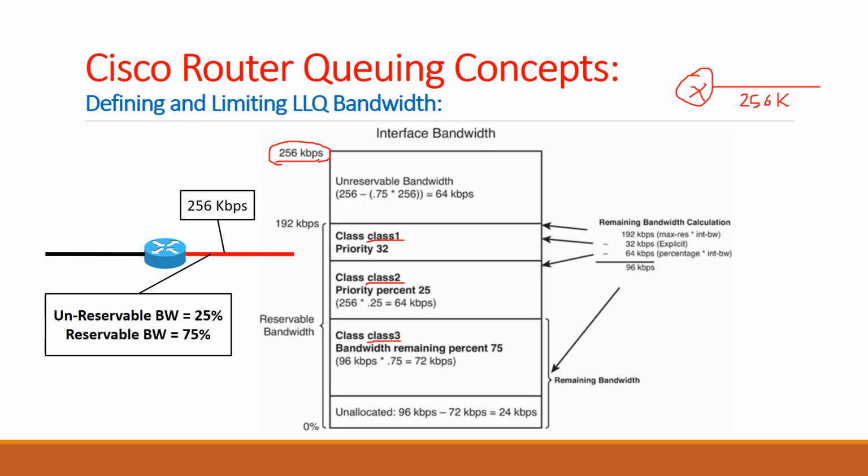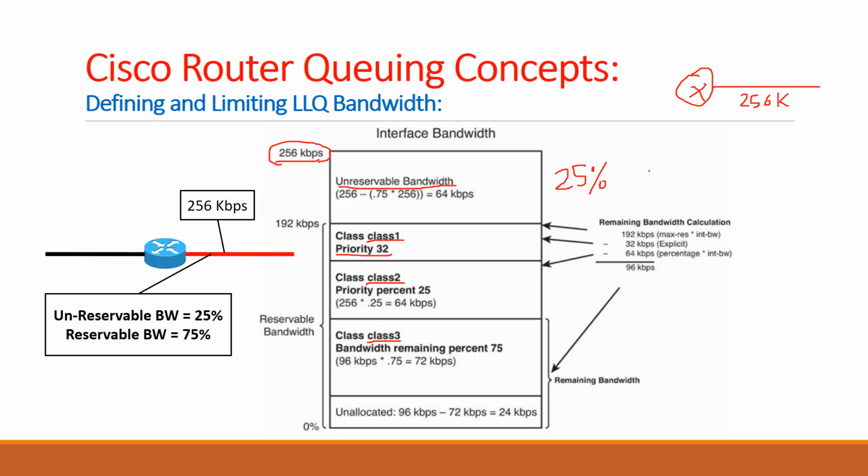How will bandwidth be assigned to each class based on the priority command? Let's say the first command was priority 32. First, let's say that 25% in this example is unreservable bandwidth.